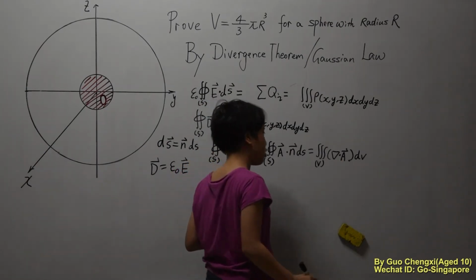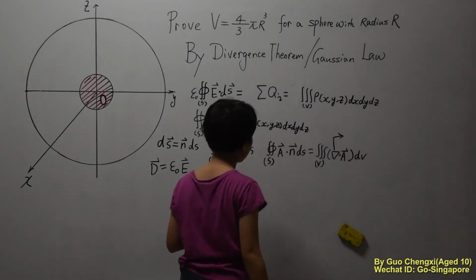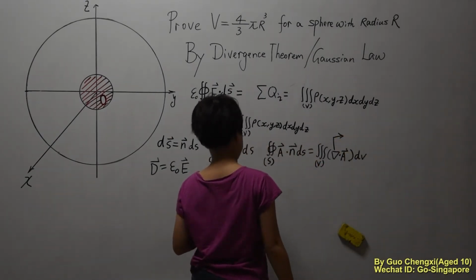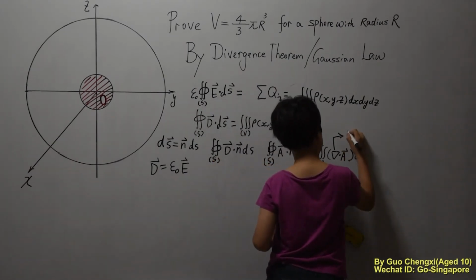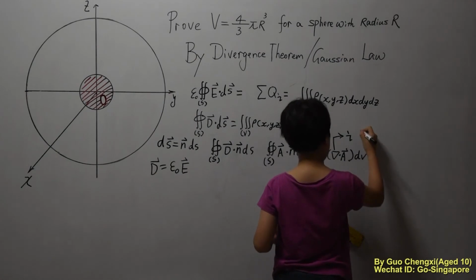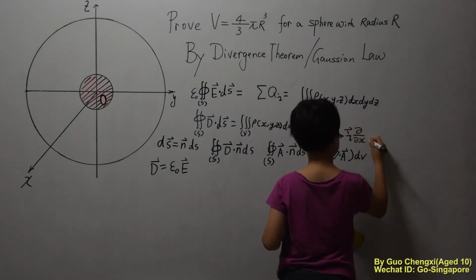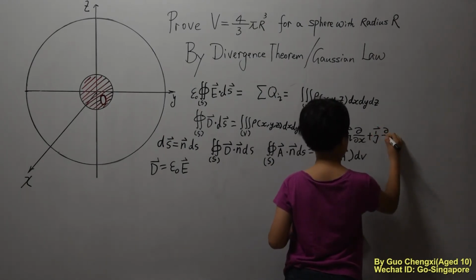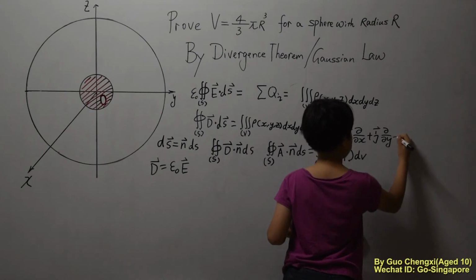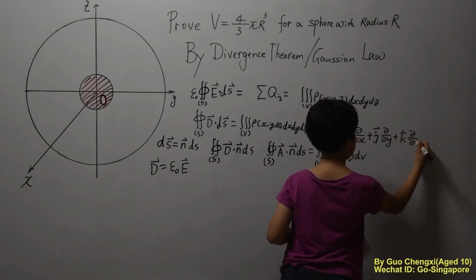And what is negative del? Negative del is basically the gradient. Now for this part, what is del? Del is basically i vector partial x plus j vector partial y plus k vector partial z.